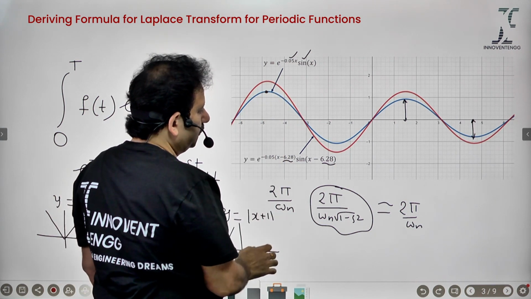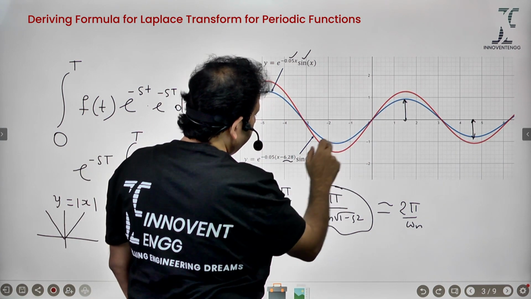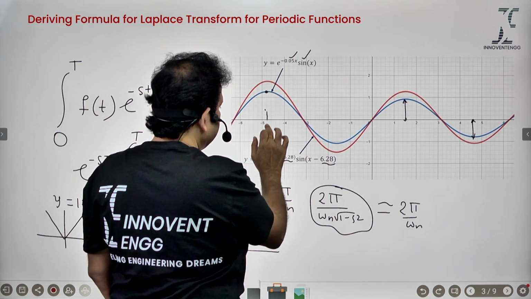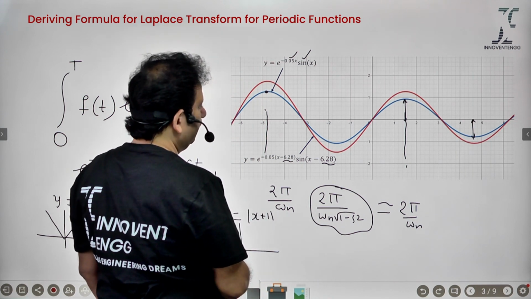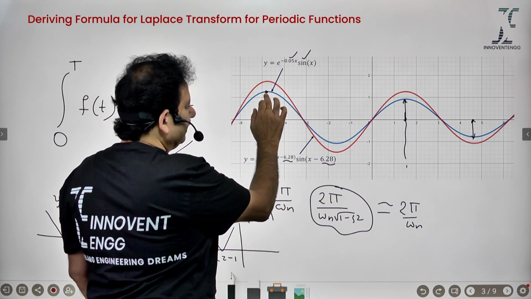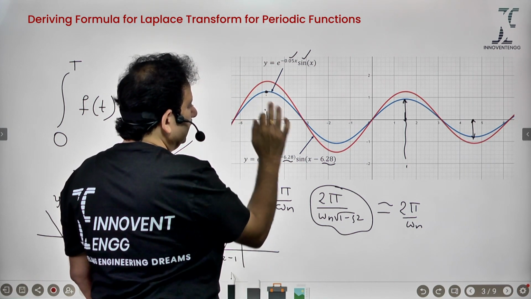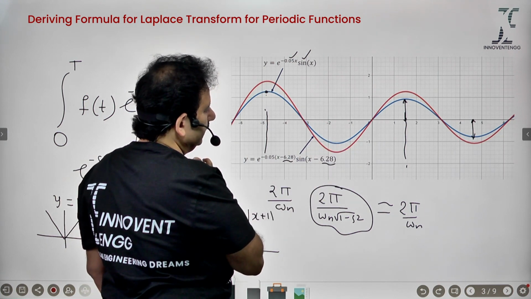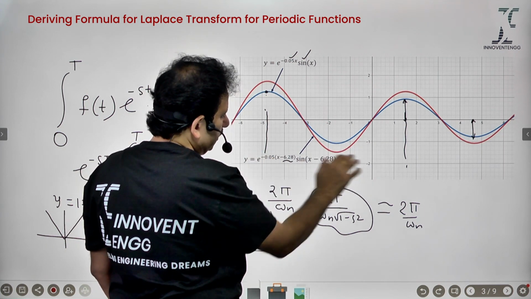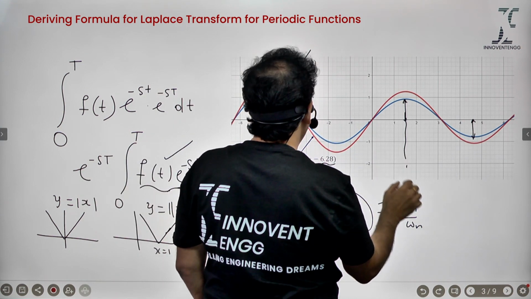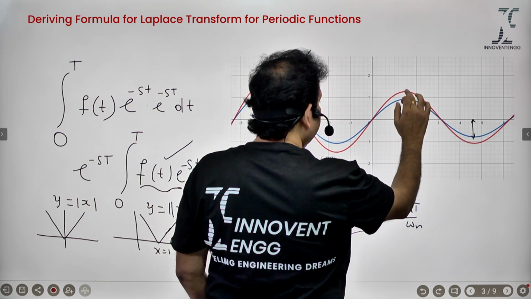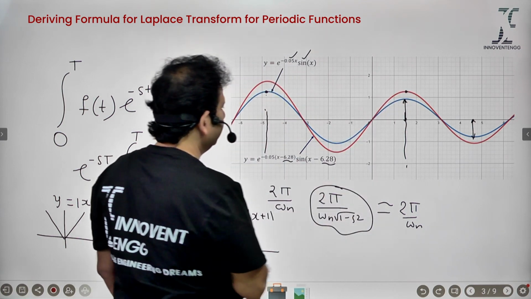What amplitude this blue wave had, if I consider an interval of 2 pi, that is 2 pi radians before, the red wave is going to have the same amplitude after 2 pi radians.